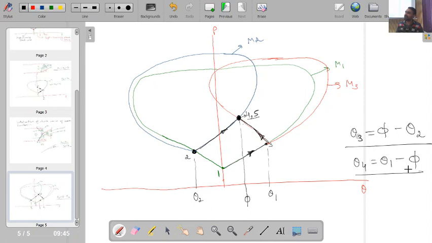Is this point clear? Because from this point to reach this point I had to travel a distance of theta 3, so that is why I can call it 5 minus theta 2, and here from this point I am traveling a distance of theta 4 to reach this point, so I am calling it theta 1 minus 5.